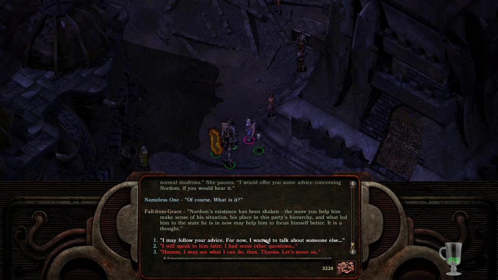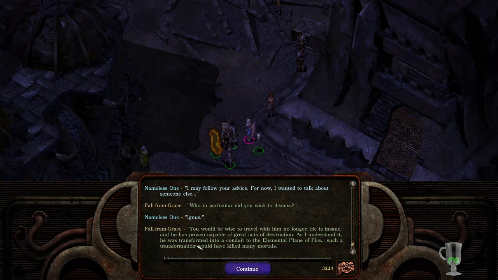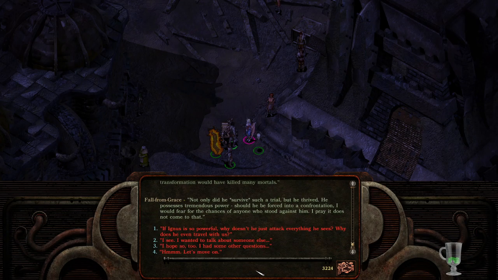I wanted to talk about what else. What about Ignis? It would be wise to travel with him no longer. He is insane, and he has proven capable of great acts of destruction. As I understand it, he was transformed into a conduit to the elemental plane of fire. Such a transformation would have killed many mortals. Not only did he survive such a trial, but he thrived. He possesses tremendous power. Should he be forced into a confrontation, I would fear for the chances of anyone who stood against him.